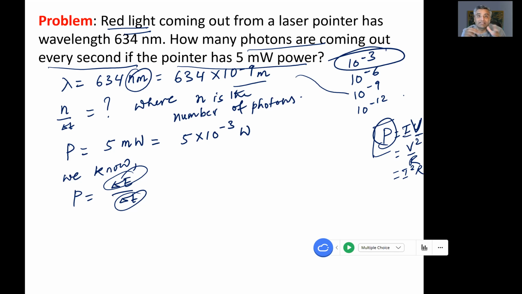In a conventional light bulb, most of the energy comes out as heat. That's why the light bulb becomes really hot just a few seconds after you turn it on. That energy is I squared R, divided by time, which is the power, because the current has time in it, charge over time.